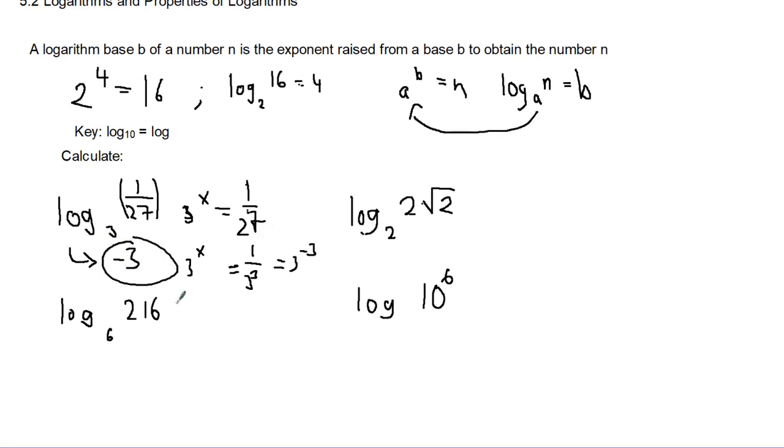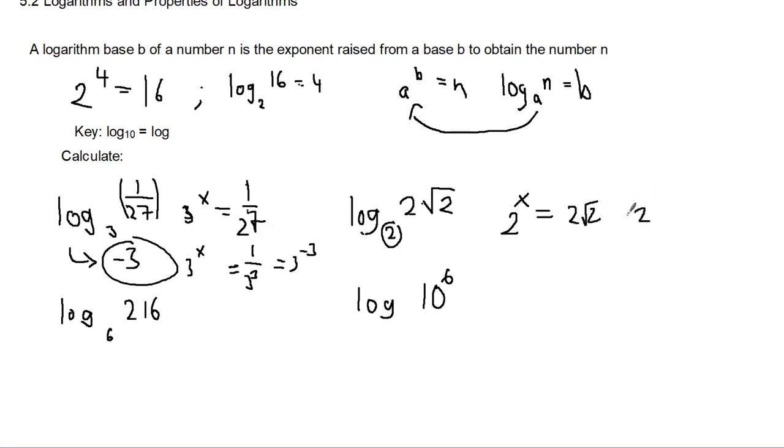Next, log base 2 of 2 times the square root of 2. Now this might seem a little confusing, but first of all, we're going to set up the base equation. 2 is the base, 2 to the x power is equal to the answer, 2 square root 2. Now what's square root 2? Square root 2 is also known as 2 to the power of 1 half.